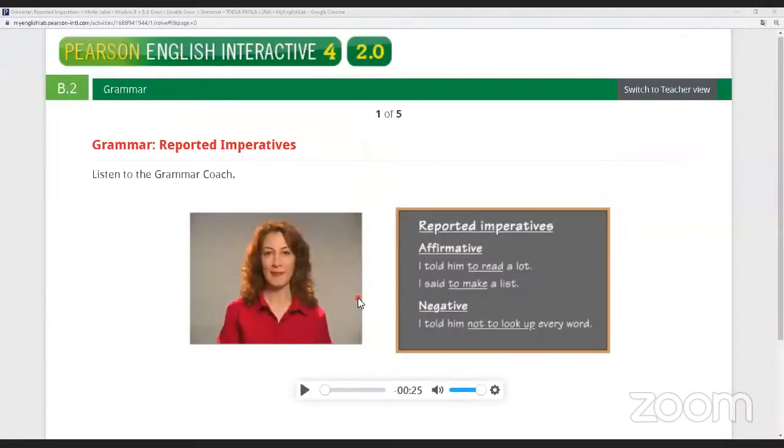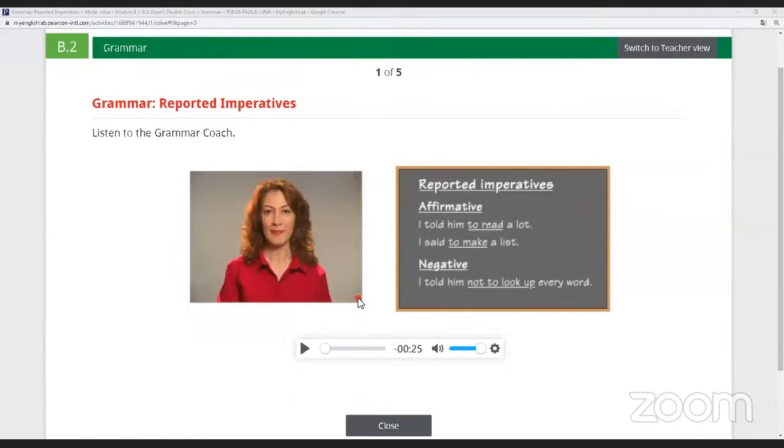So I'm going to share my screen with you, and once you can see it, please let me know. I can see the screen. Okay, thank you. So this lesson is very easy, right? It's one of the lessons where the structure, the grammar, is not difficult at all.